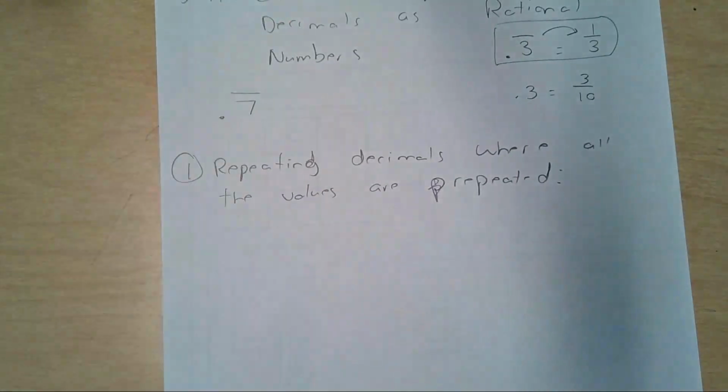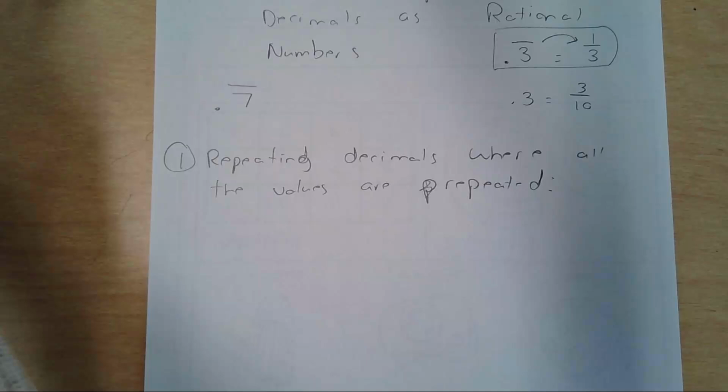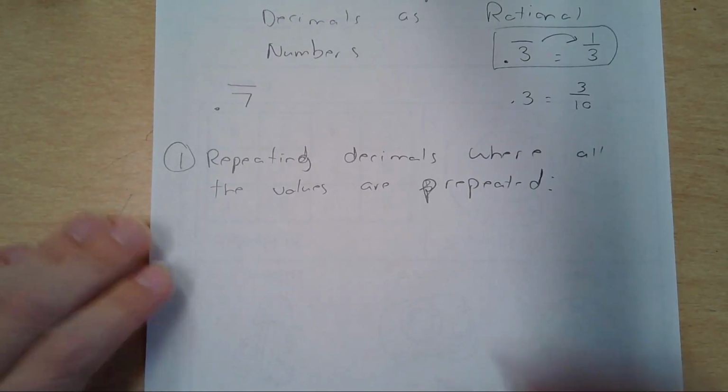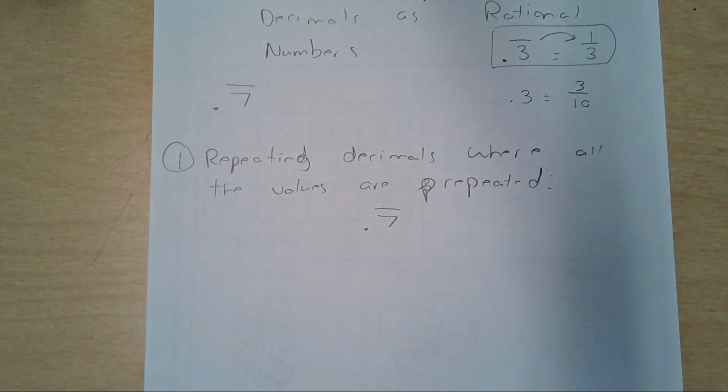As I said, we got two different things: one if they're all repeating and one if some are repeating. So we're going to start with this one here. So here's what you've got to do. 0.7 repeating. And there's a number of steps in this process, so it's going to take some time.